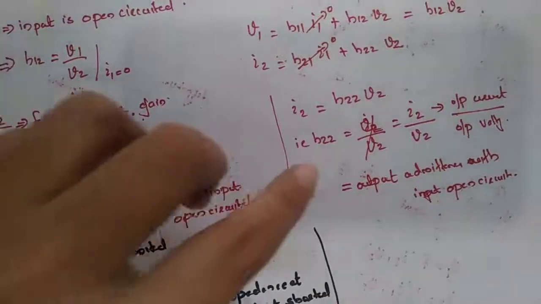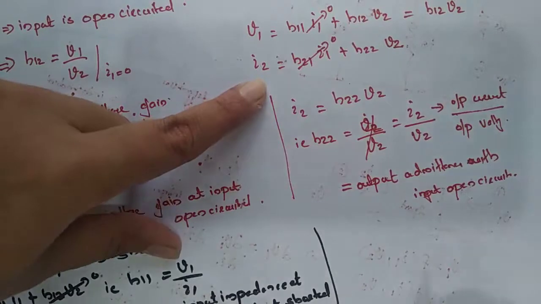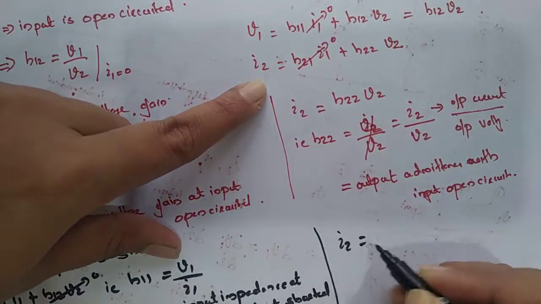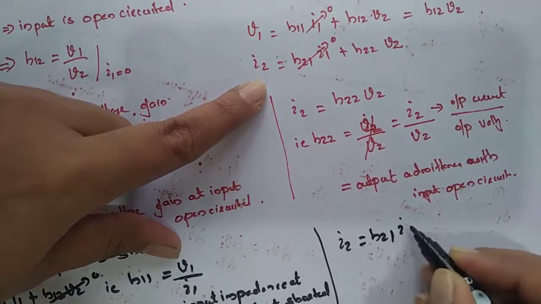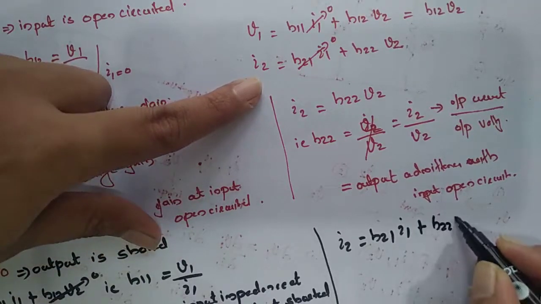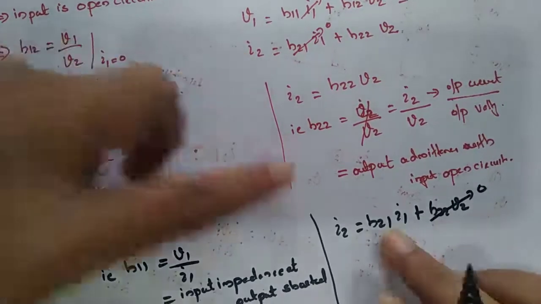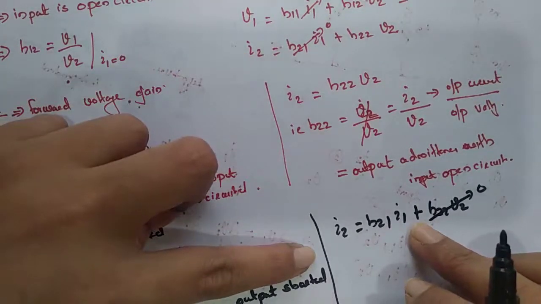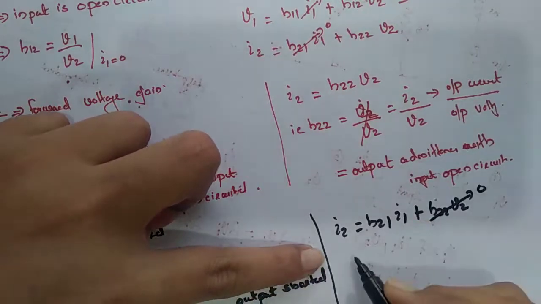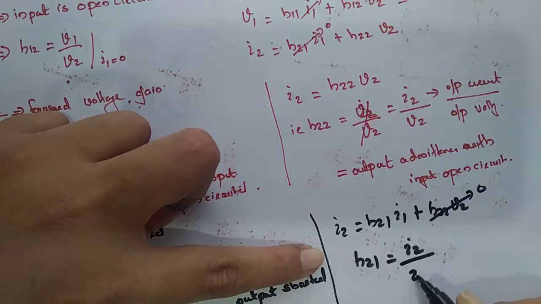Similarly, I2 is equal to H21 I1 plus H22 into V2. What happens when V2 is equal to 0? Then I can say H21 is equal to I2 by I1.